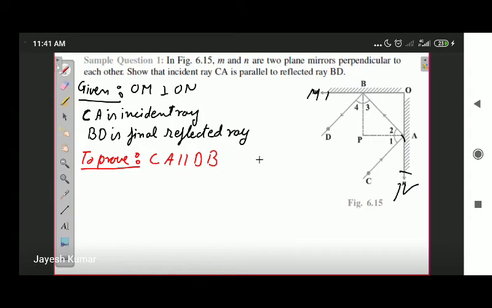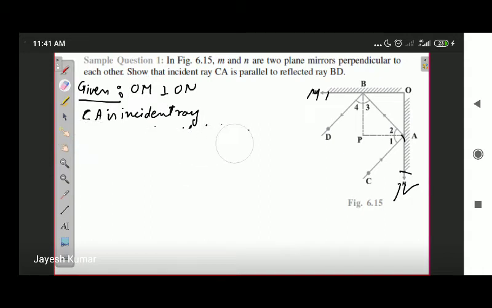Okay. In this diagram, the construction part is already given to us. The construction is included in the figure. The normals AP and BP. Let me write down in the given as well.